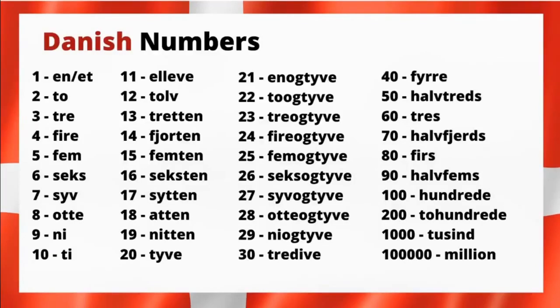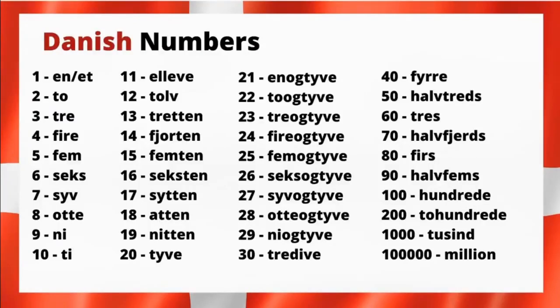Just going to repeat this a little bit for all of you. So, en or et, usually we say en. It is because you have nouns, so there's en kat, one cat, but et hus, a house. So it's like that.